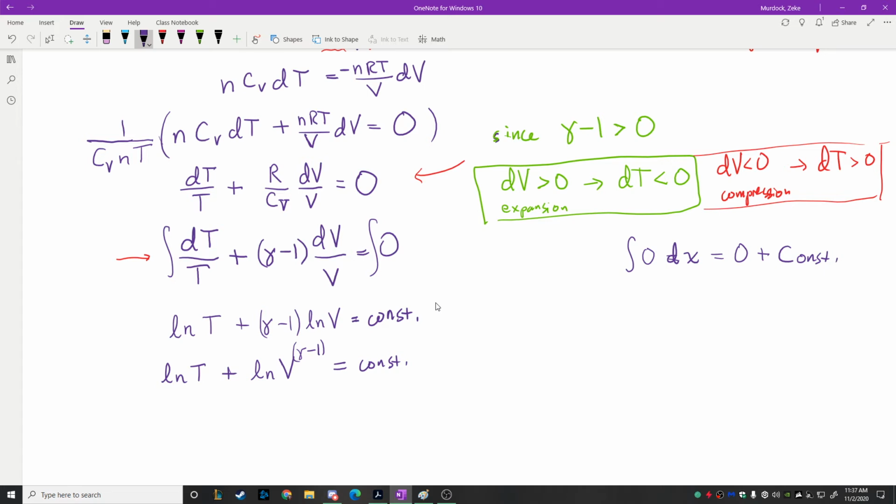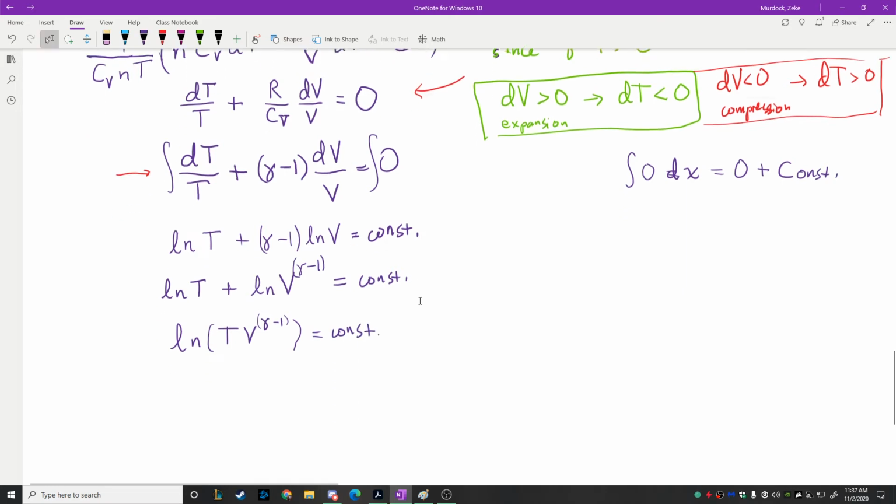And then on the left-hand side, we can also group together two logs. When you sum two logs, you get the natural log of the product. So you get the natural log of temperature times volume to the gamma minus 1. And that's equal to a constant.